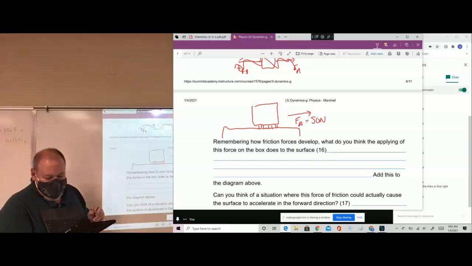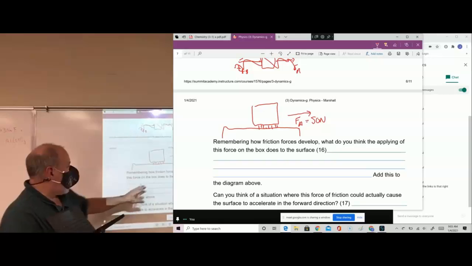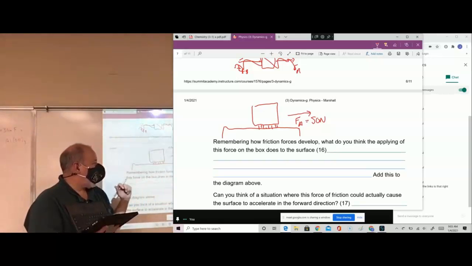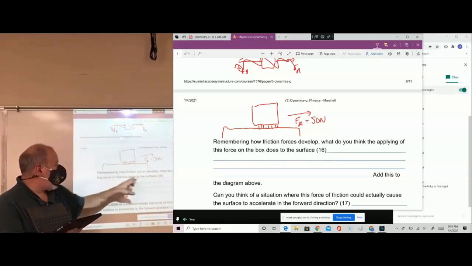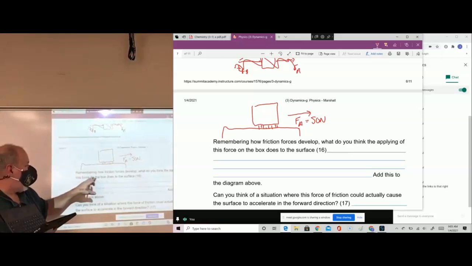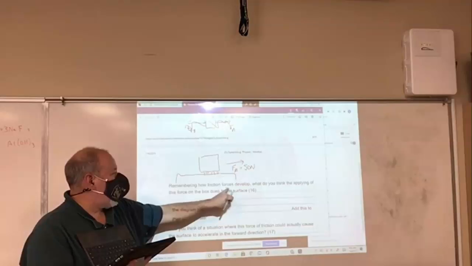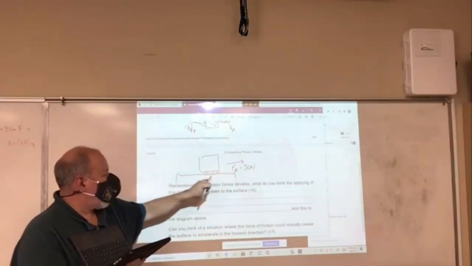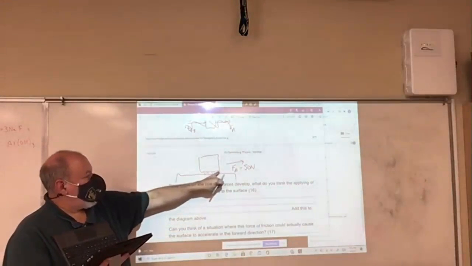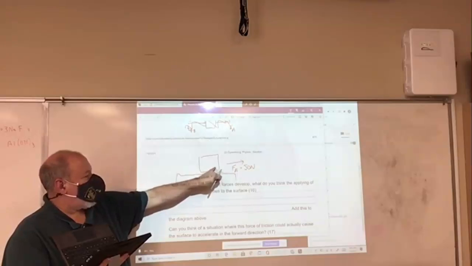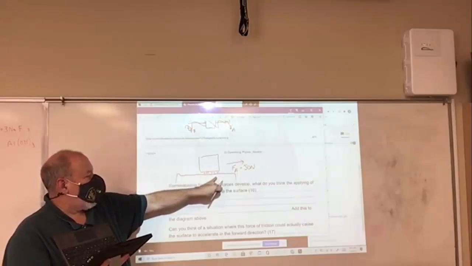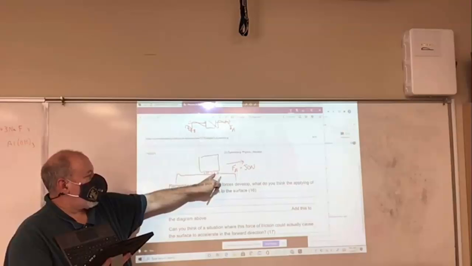Okay? Now, remembering how friction forces develop, what do you think applying this force on the box does to the surface? Pretend that these little electromagnetic forces between the box and the surface are like really tight bungee cords.